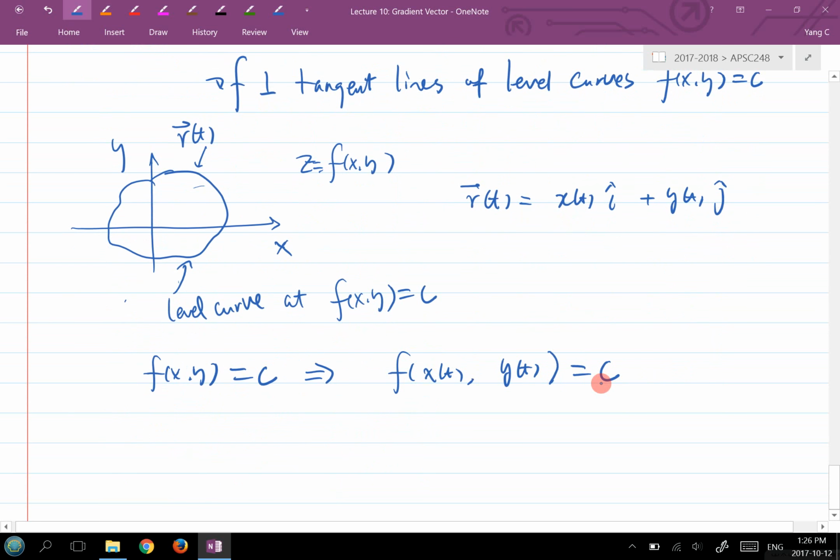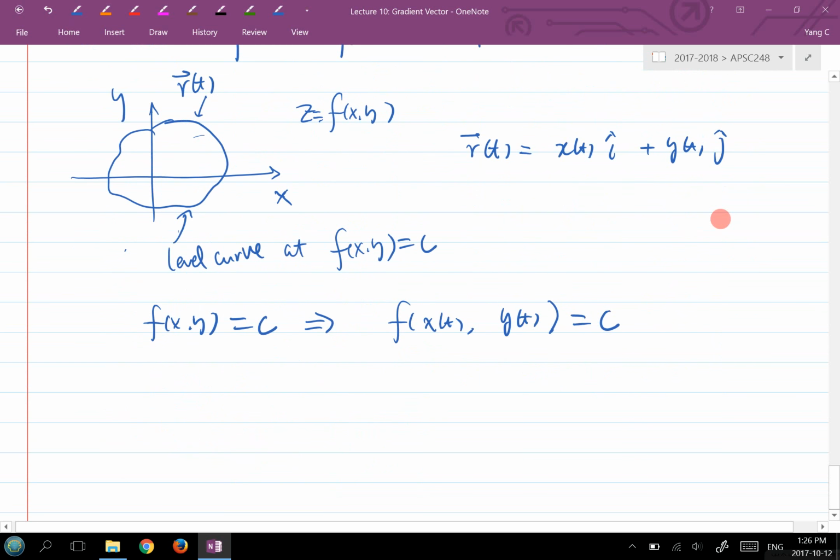If it's a circle, then x equals a cosine t, y equals a sine t. Now what I'm going to do is take a derivative of both sides of this equation, the time derivative.